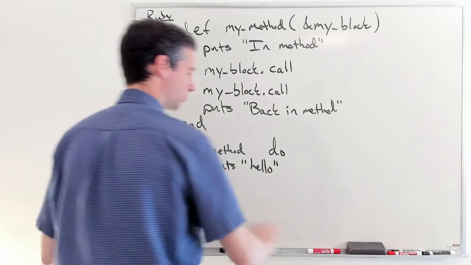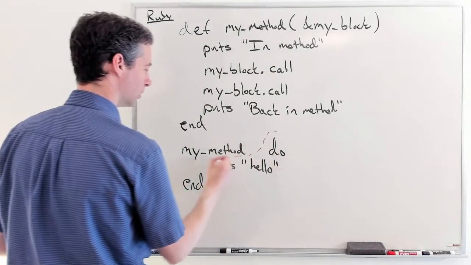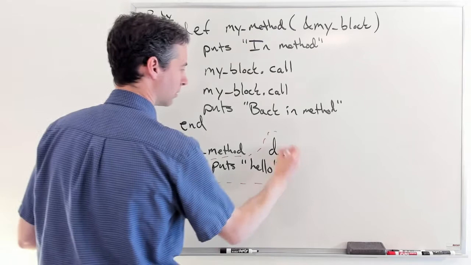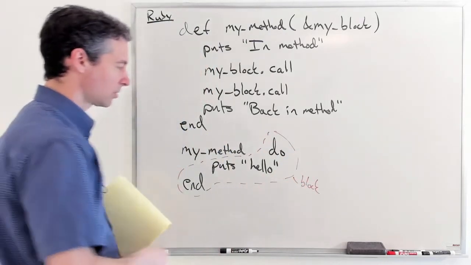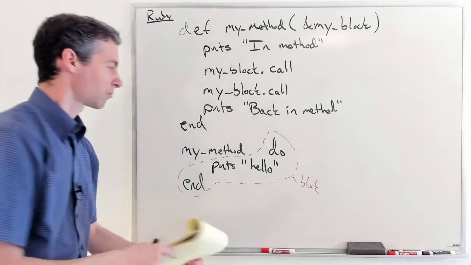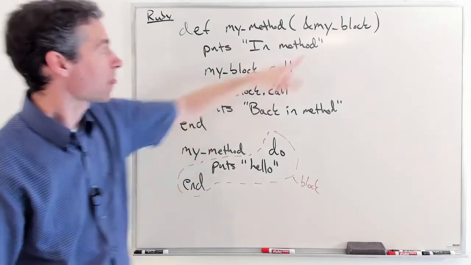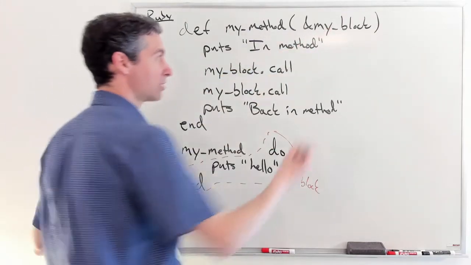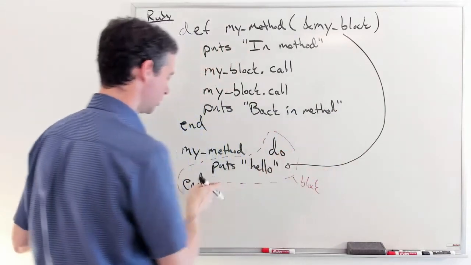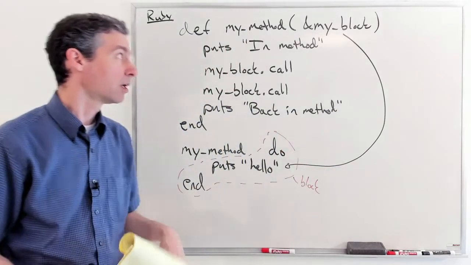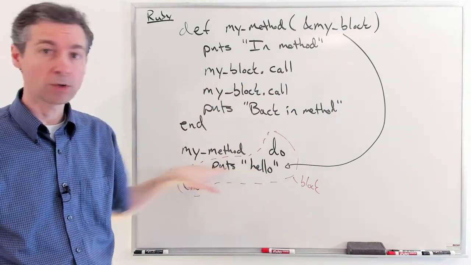Now remember that we've already said that a do and all of this forms a block, okay? And so what we're really doing here is this block is being sent to my_method. So my_block ends up referring to this code in between the do and the end. It basically says, when you tell me that you want to call it, do this code here.